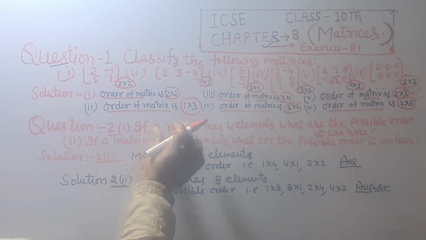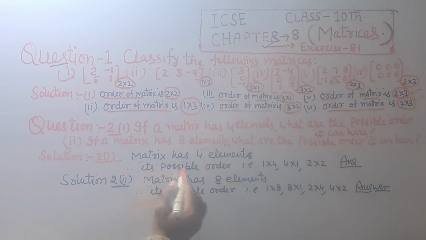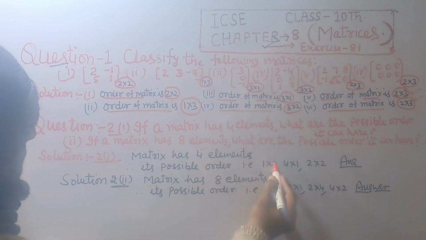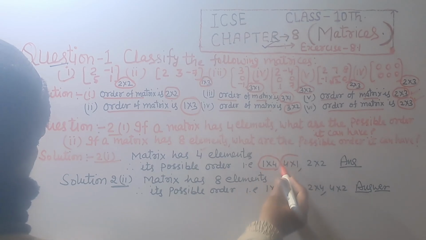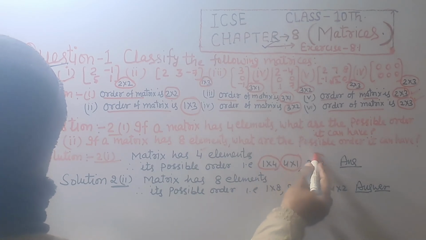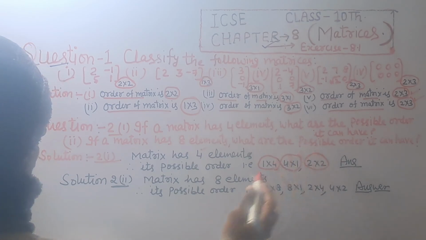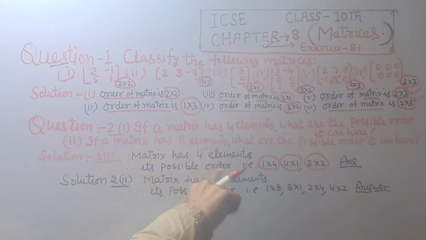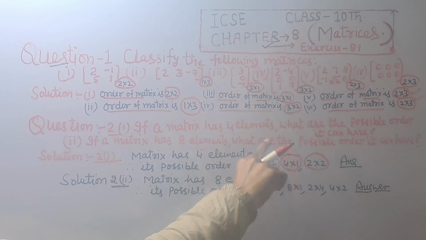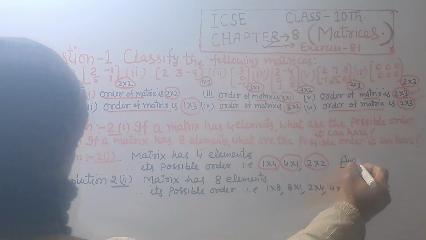First part: a matrix has 4 elements, then its possible order is 1 into 4, 4 into 1, and 2 into 2. Its possible order is 1 multiplied by 4, 4 multiplied by 1, 2 multiplied by 2. Answer.